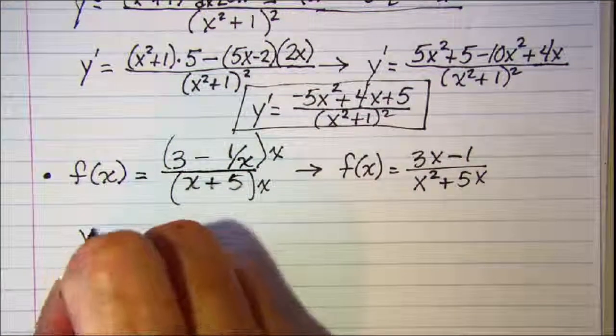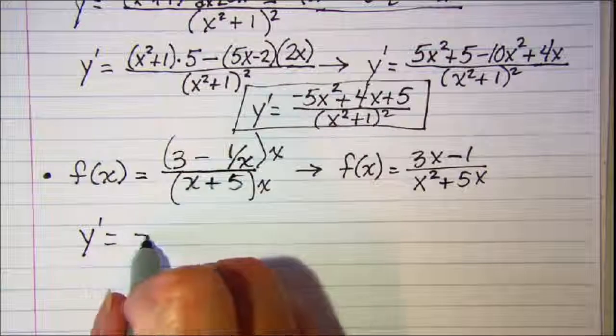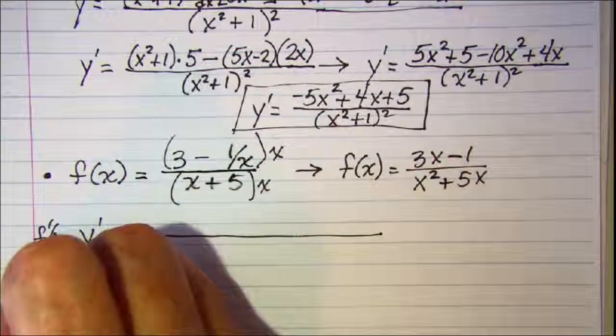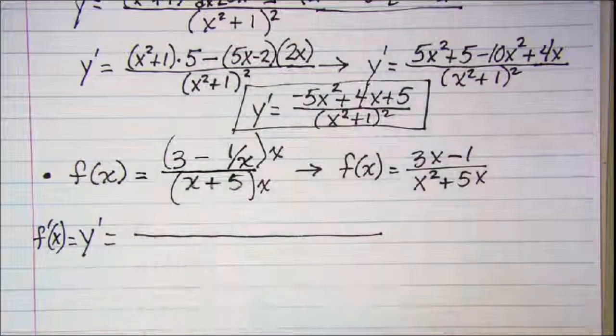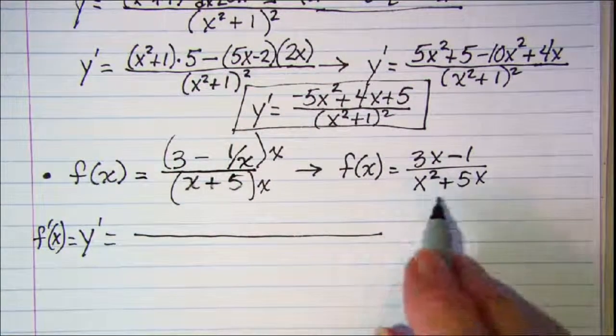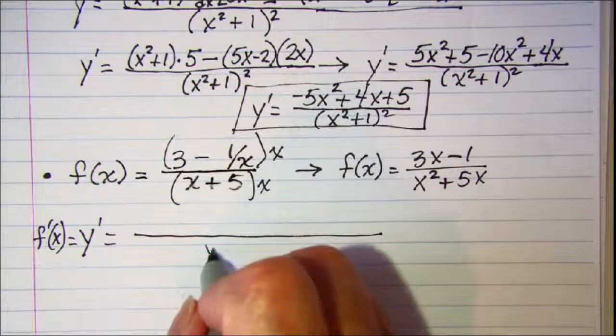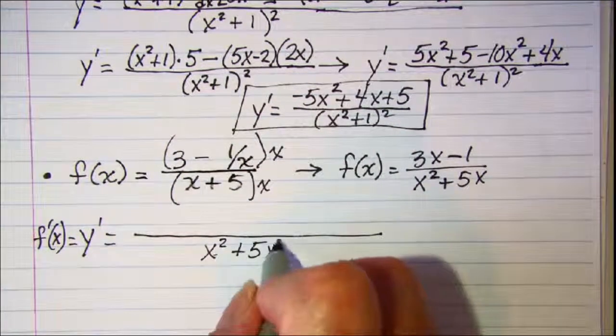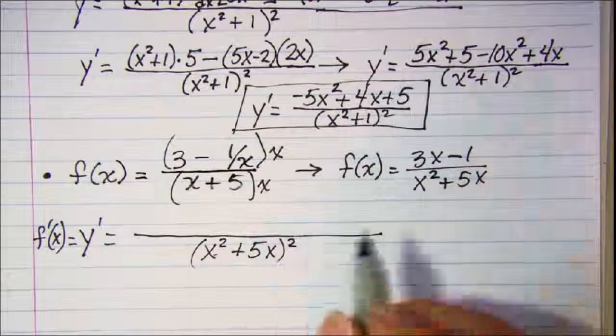So our derivative then is, and I'm sorry, that could also be written this way. My denominator is x squared plus 5x, and it'll be quantity squared.